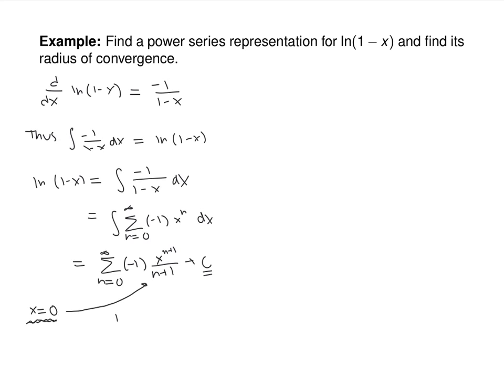And we'll have ln(1) = c, which means that in this case, c is equal to 0. So we have a power series representation for ln(1 - x): the sum from n = 0 to infinity of -1 times x^(n+1) over n + 1.